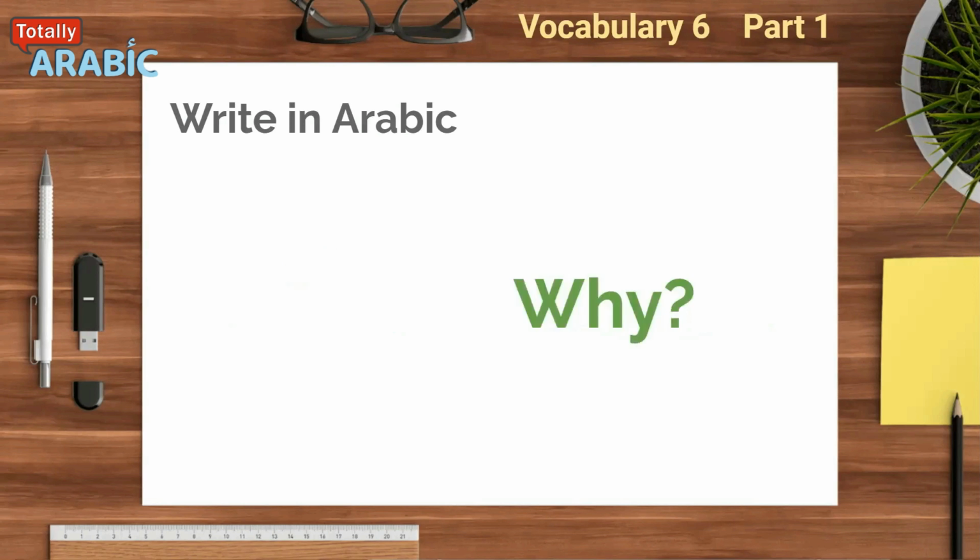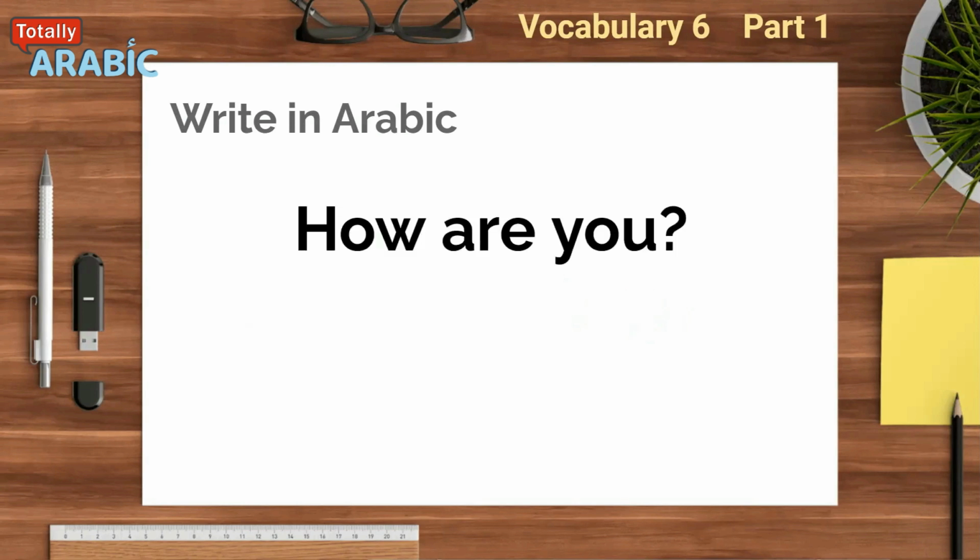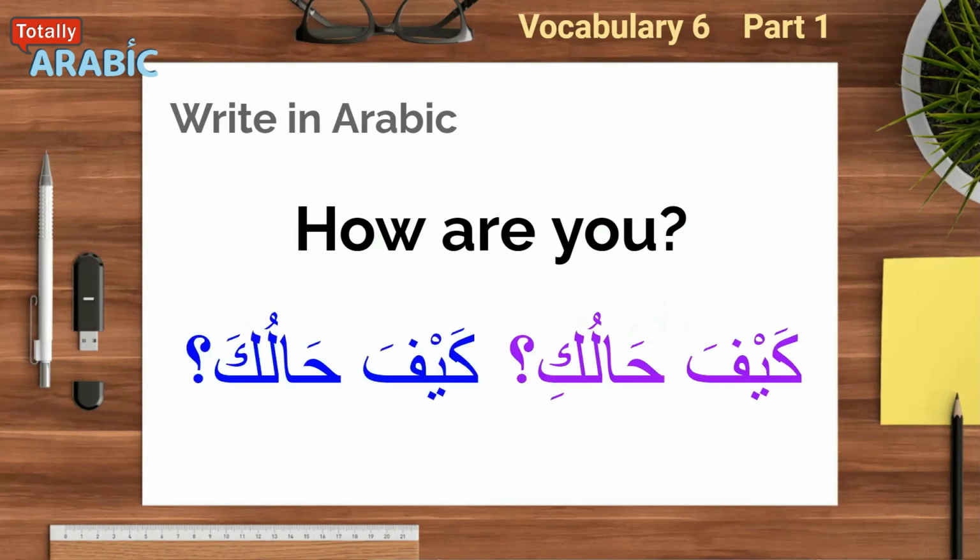لماذا؟ لماذا is on the screen. It has 5 letters. لماذا؟ كيف حالك؟ كيف حالك or كيف حالك for the feminine is on the screen.